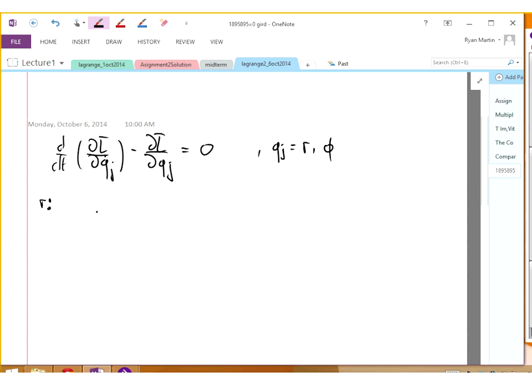So that first term becomes m r double dot. Now I have to look for the terms that depend on little r. So I have on the Lagrangian a minus mg r sin theta. Well, let me just write it out. L bar. Let's write it here.